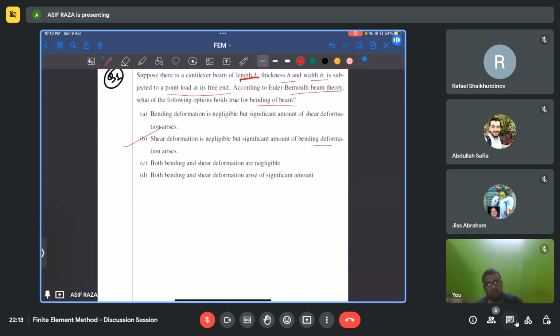Now you're saying if we provide a point load at the end, then shear comes into play. And if shear is there, why are we using Euler-Bernoulli beam theory? Did I get your question, Rafal?